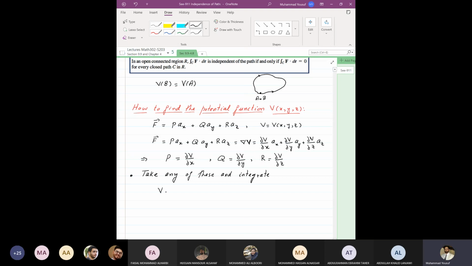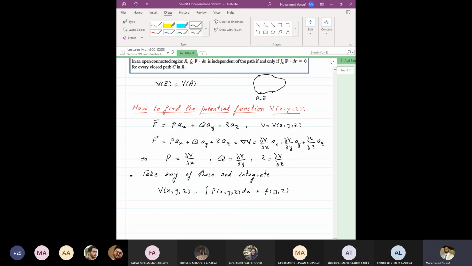So I take the first one and integrate, and as a result I get V of x, y, z equal to the integral of P of x, y, z dx, we integrate with respect to x, plus a constant of integration, which is a function of y and z.